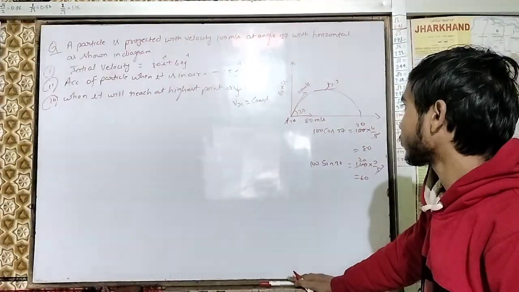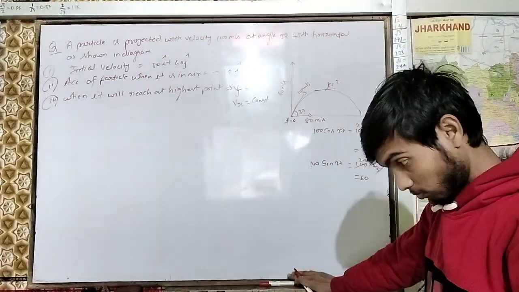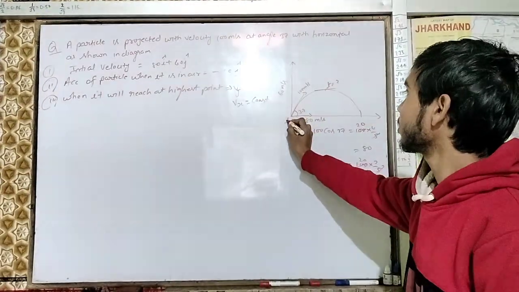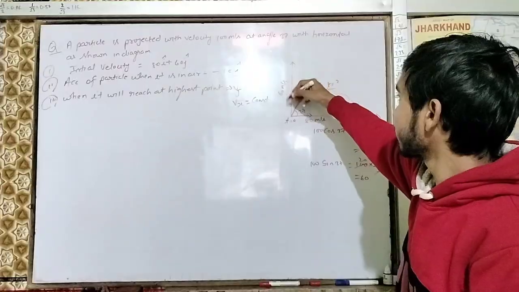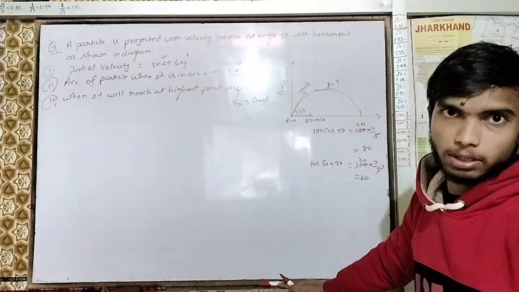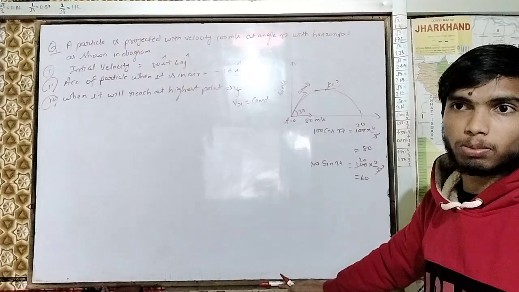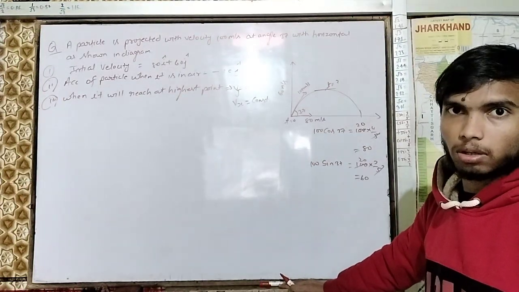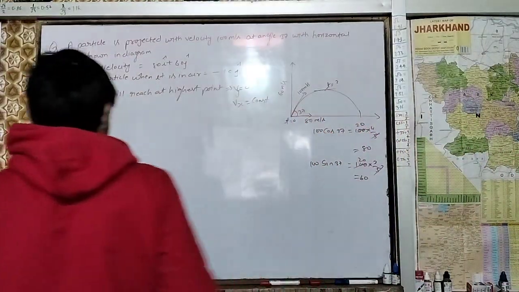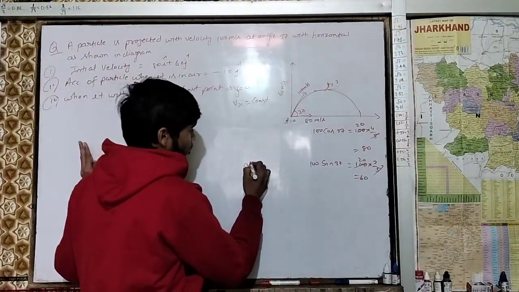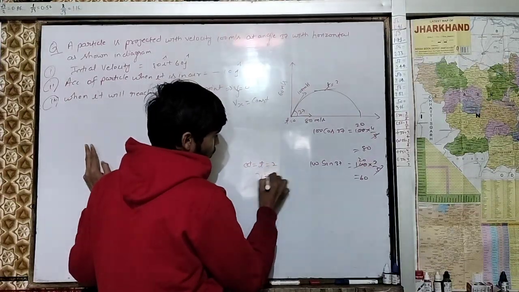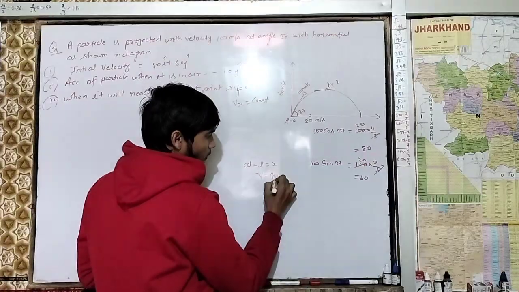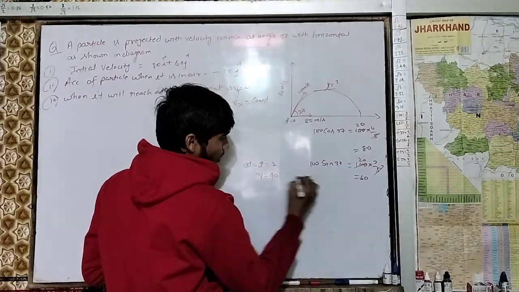Now tell me, here t is going to be 0. In this we have 60 meter per second. In 1 second the velocity will decrease by 10. In 2 seconds, how much? 20. So at 2 seconds velocity is going to be 40. Now tell me, what will be that time when v will be 0?